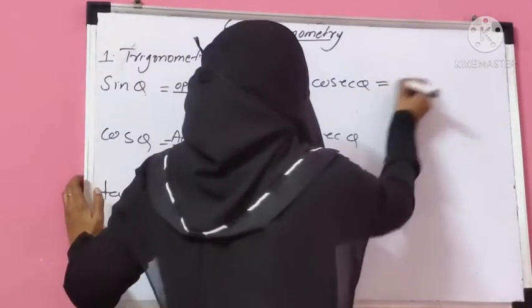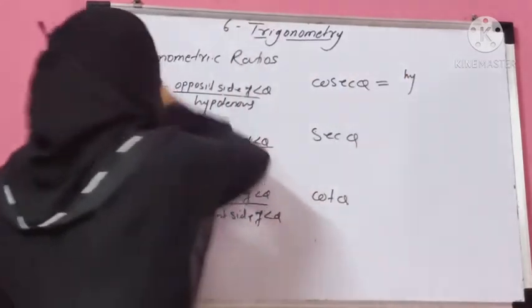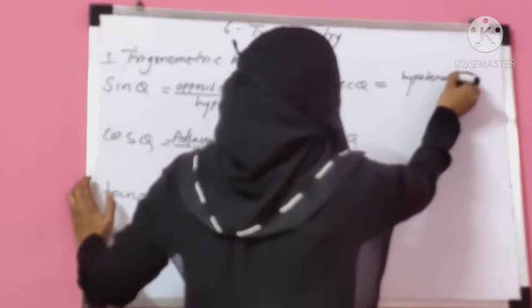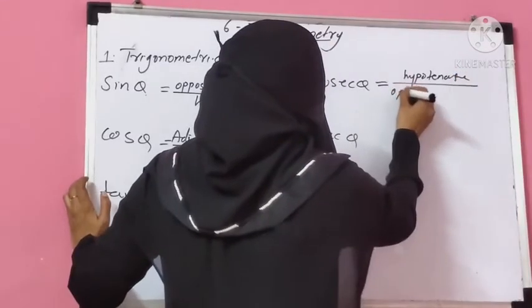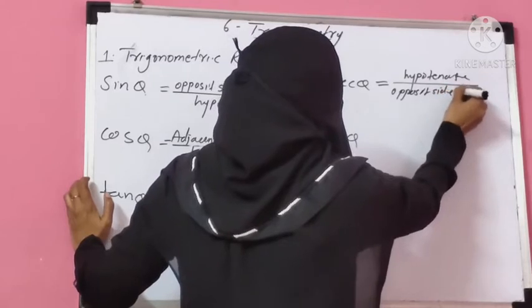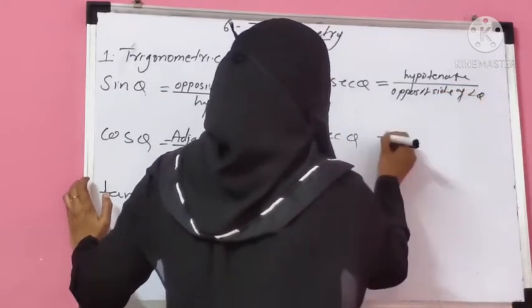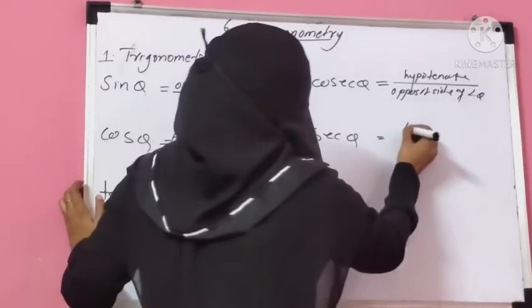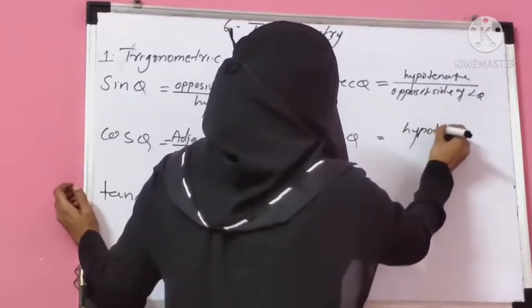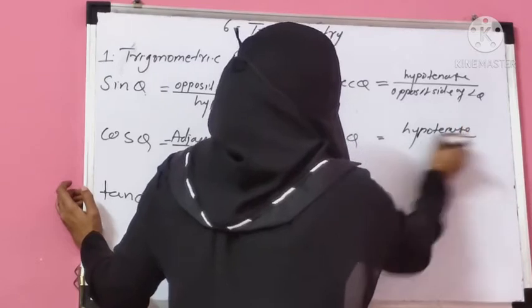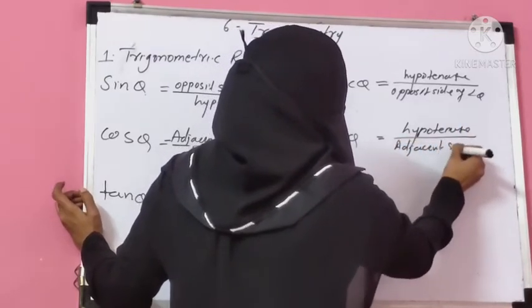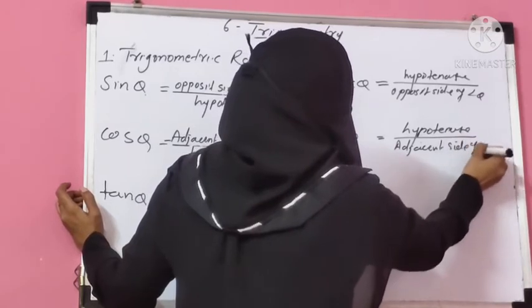And cosec theta is just the inverse of sin theta, hypotenuse upon the opposite side of angle theta. And sec theta is the inverse of cos theta, that is hypotenuse upon the adjacent side of angle theta.